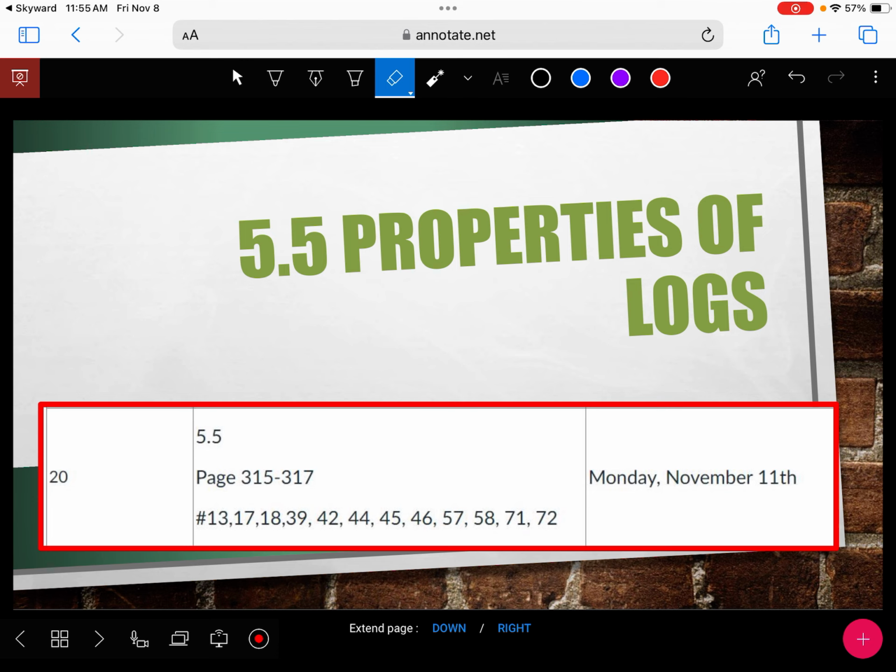It's Wednesday. Okay. So this is not due until Wednesday, 11/13. Change it over here. Okay. So Wednesday 11/13 is homework 20.